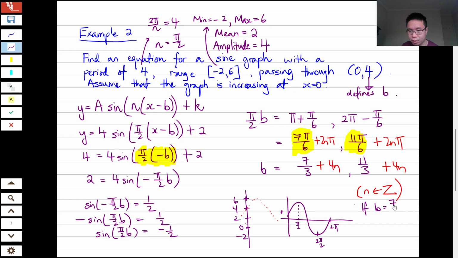If b equals 7 on 3, then y equals 4 times sine of 7 pi on 6. Where is that angle? That angle is in the third quadrant, which is here. So it can't be that one.